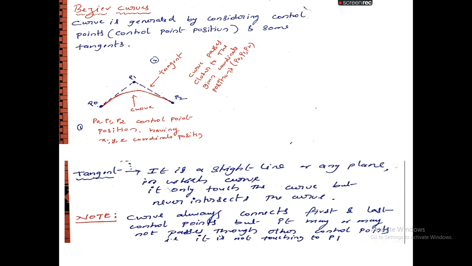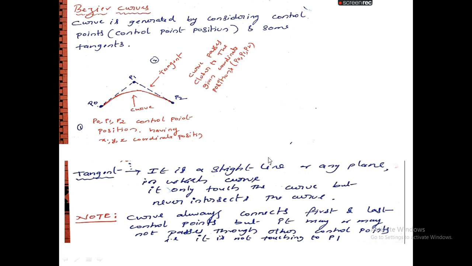The tangent has to touch the curve, but it should not intersect the curve. But when we are creating a curve, this rule is applicable only for a few tangents.